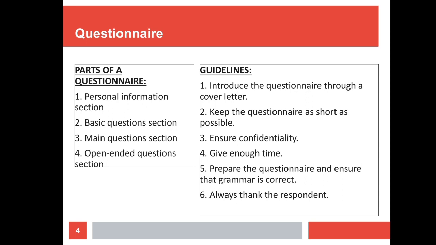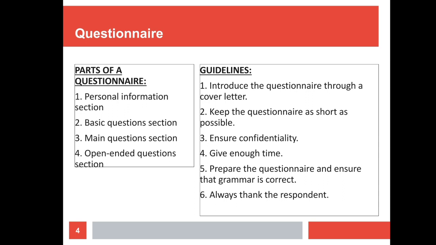The open-ended question section asks for a brief explanation or response to an open-ended question. So let's say, for example, you were handing out questionnaires about customer satisfaction. Sometimes a questionnaire can be fill in the blanks, so they can write their own opinions and whatnot.